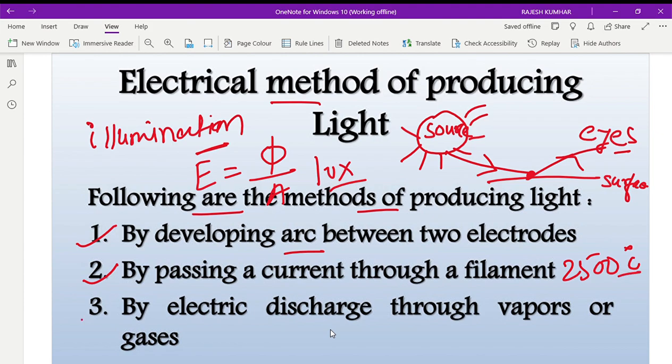Third is by electric discharge through vapors or gases. That means an electric discharge lamp requires a high voltage at starting and low voltage during operation.